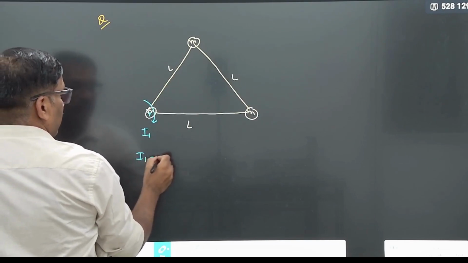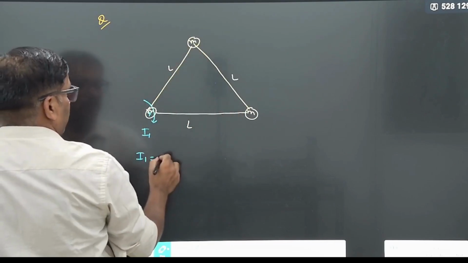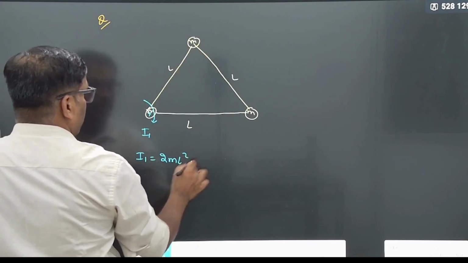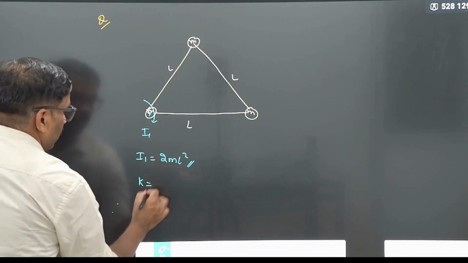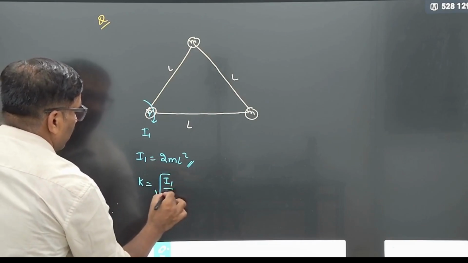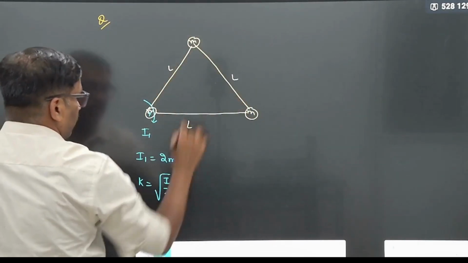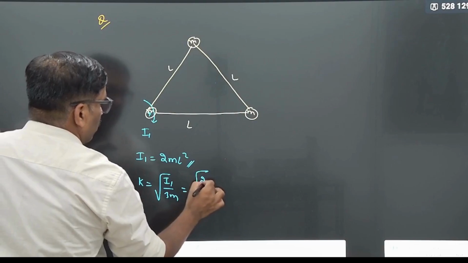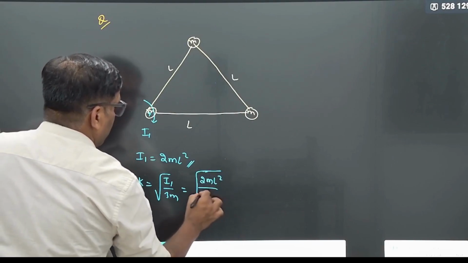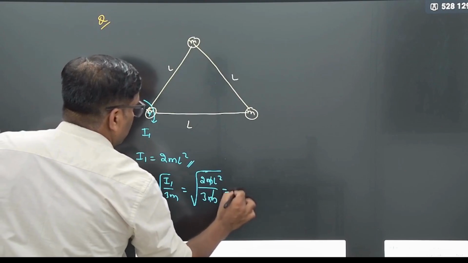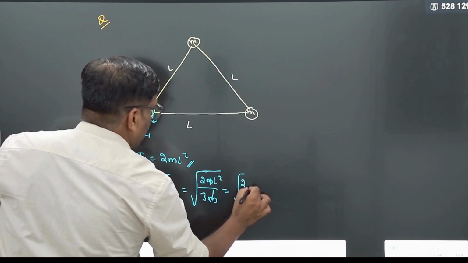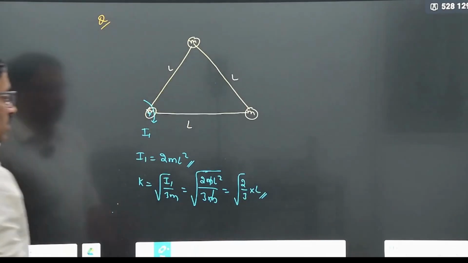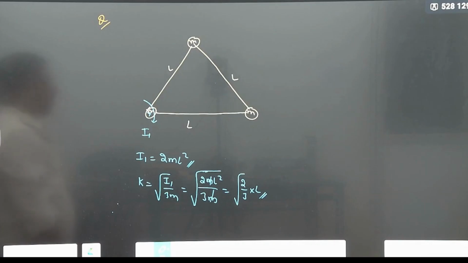So I1 can be written as, this distance is the same, therefore 2ML square will be your moment of inertia. What will be the radius of gyration for this one? It will be I1 by 3M, so 2ML square by 3M, the M gets cancelled out, so it will be root of 2 by 3 into L. This will be your K. Clear?